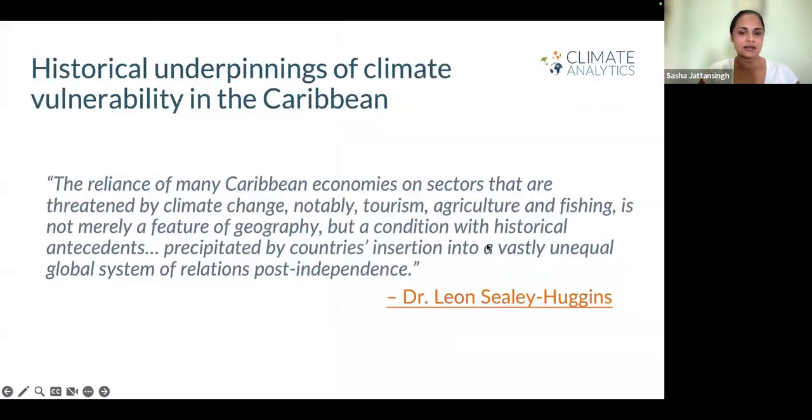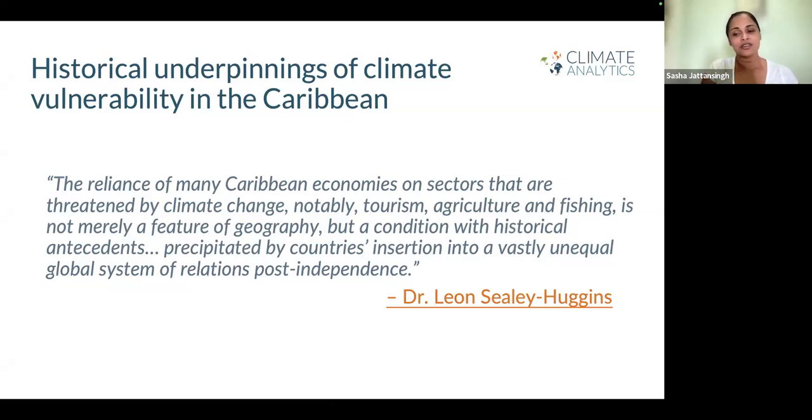So something to note. And I really want to now talk about trying to understand the historical, structural and systemic inequalities that shape why our region is so vulnerable to climate change.